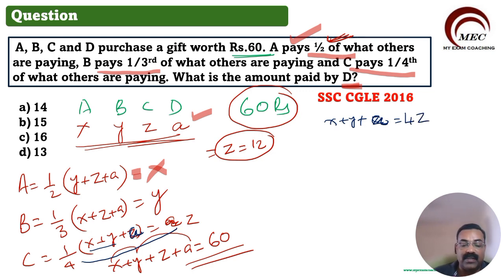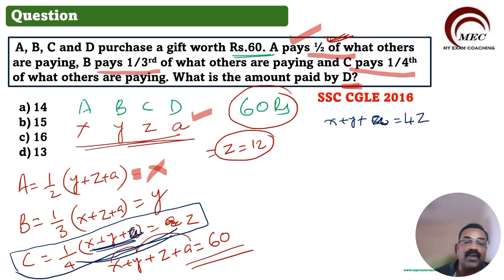So X plus Y plus A is equal to 4Z. I am talking about this equation. When you cross multiply the 4 here, it becomes 4 into Z, 4Z.